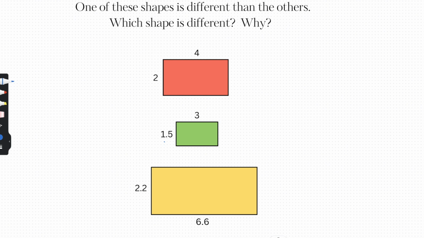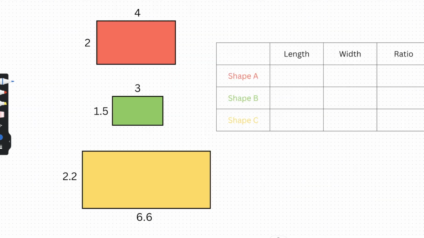Now, in order to figure this out, we again need to look at the ratios. So I'm going to fill in this table to figure out the ratio of the length to the width. For shape A, I know that the length is 4 and the width is 2. And when I do 4 divided by 2, I get a ratio of 2 to 1.